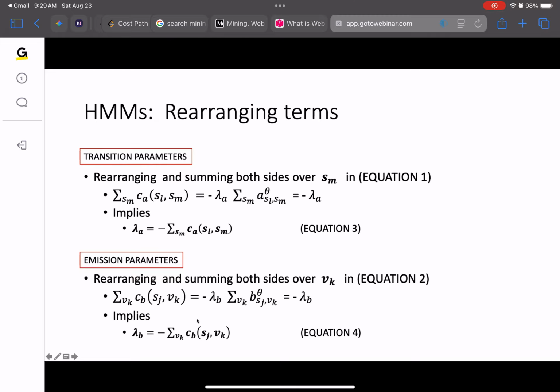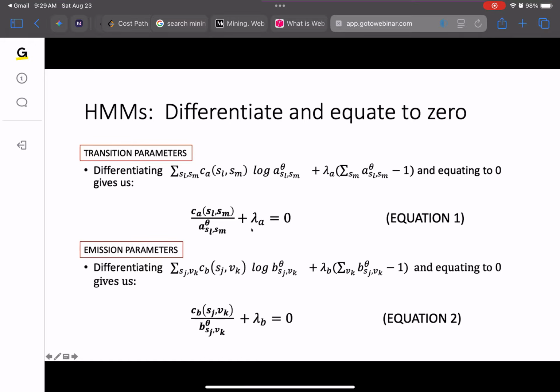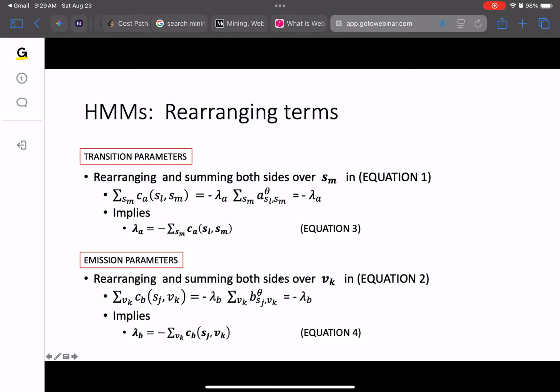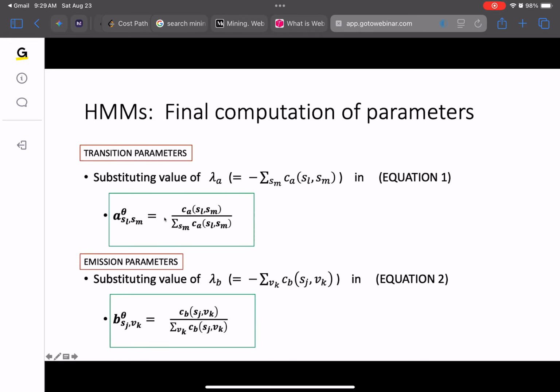Once we get the lambdas, we can substitute back in this equation to find the transition parameters and beta parameters. These are the final estimates of the parameters, obtained by solving the objective function using Lagrange multipliers with the constraints.